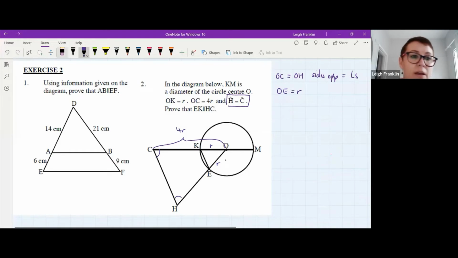I suppose we could say OE equals OT. Where's my pen gone? Sorry, my mouse is just frozen. Hang on. Sorry, guys. Sorry, Coco, my mouse is just frozen.